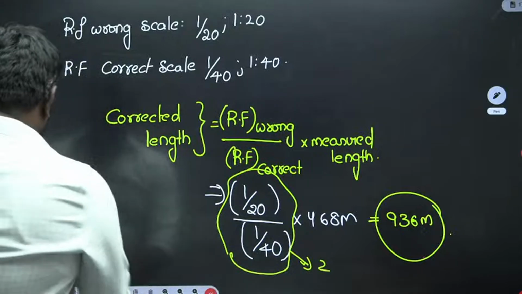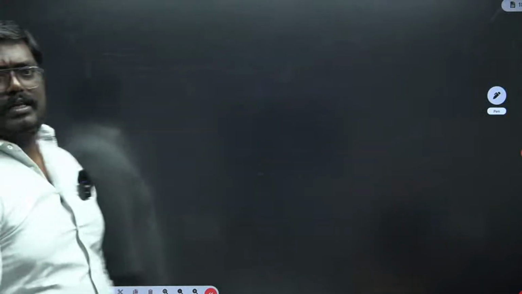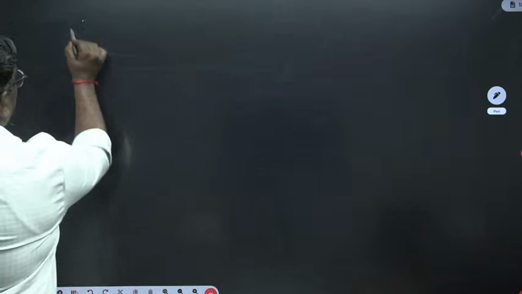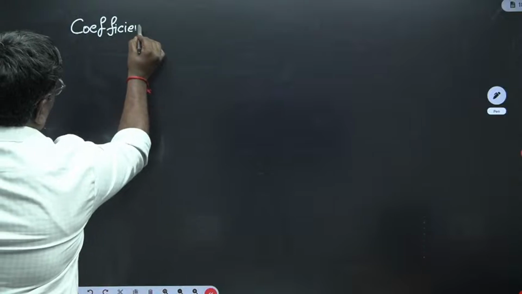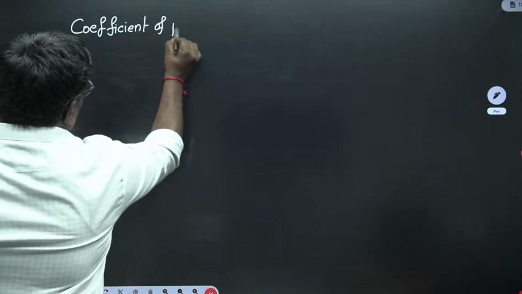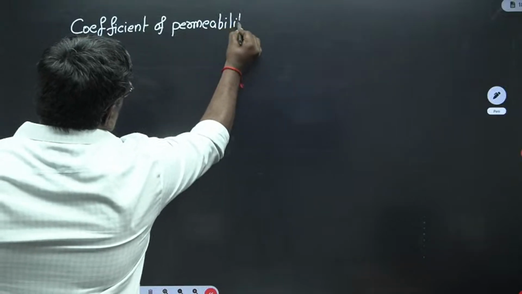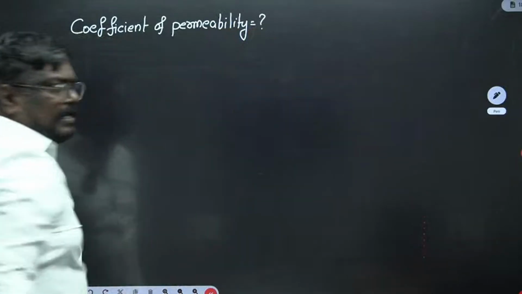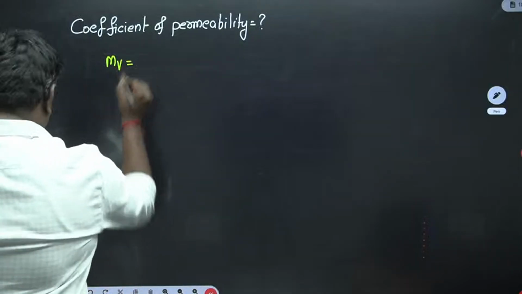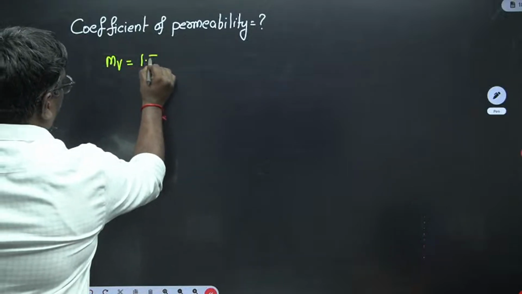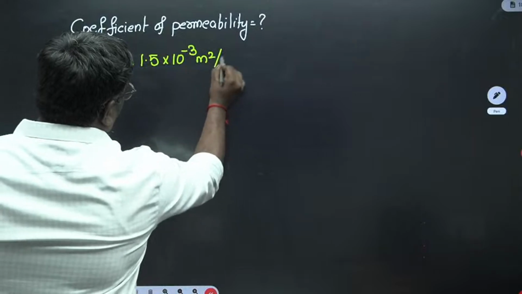Next, they have asked what is the coefficient of permeability, that is K. Now, the coefficient of volume compressibility, mv, is given as 1.5 into 10 power minus 3 meter square per kilonewton.